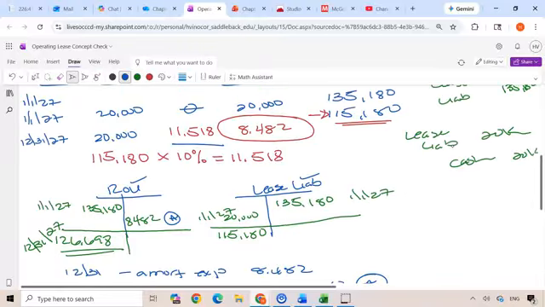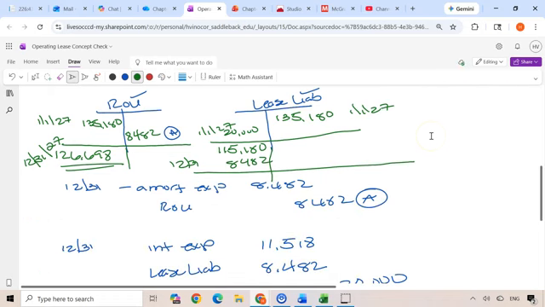So now when I go back up to my lease liability T account, and I'm going to extend it right here, I have another debit on 12/31 for $8,482. And then my new balance for my, oh, you know what I did? Oops, I put this on the wrong side. Here, my balance, that 115,180, should have been on the credit side.